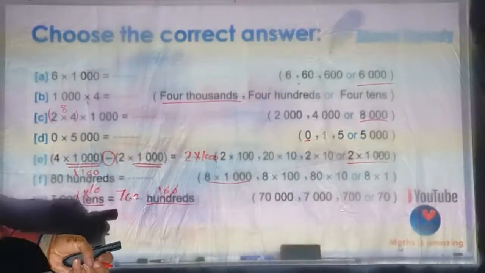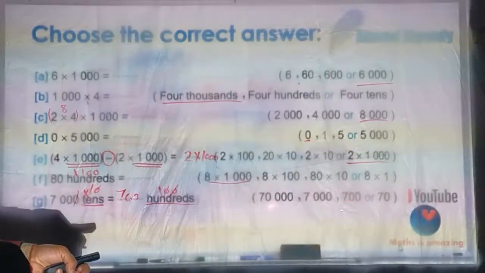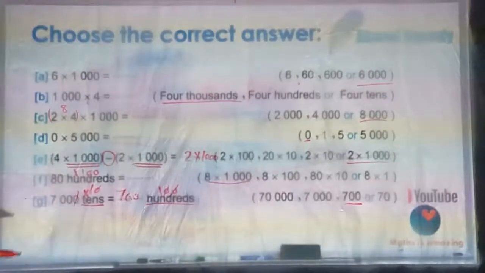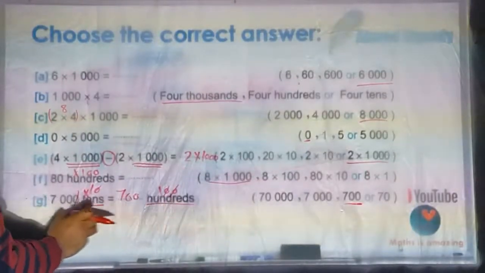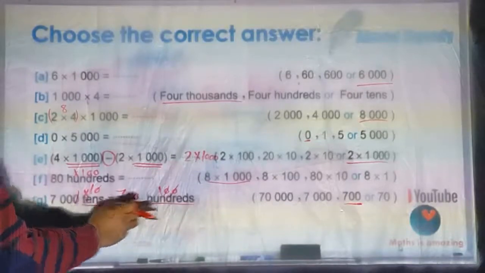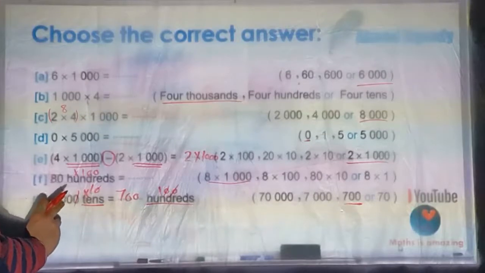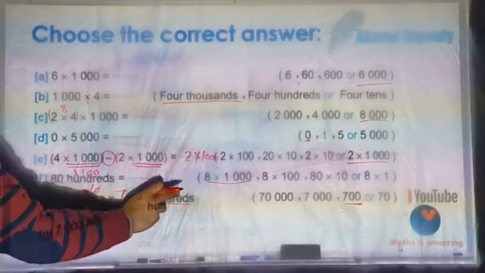Then we choose 700: 70, 700, 7000, 70,000. Please notice that we must solve to make both sides, left and right, equal. 7 with 4 zeros, 7 with 4 zeros.